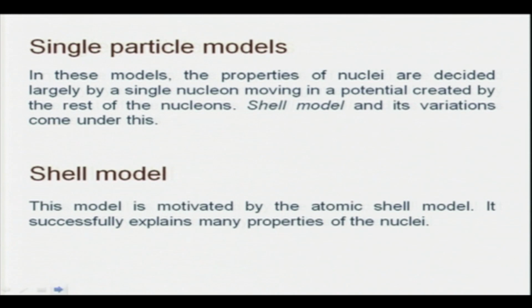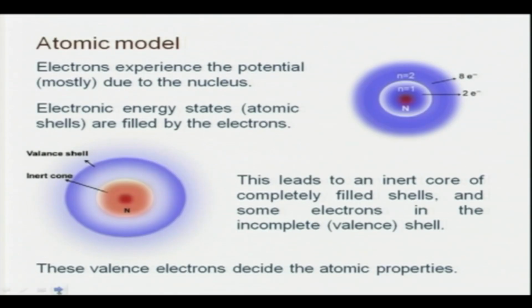The shell model, with different variations of this, comes under this, and remarkably this simple approach very well explains many of the observed properties of the nucleus. So, we will discuss this in a little detail, but before actually coming to the nuclear shell model, let us look at what the atomic shell model is.